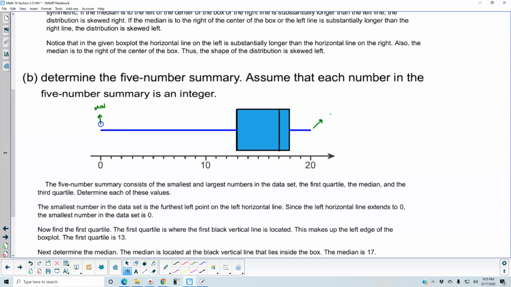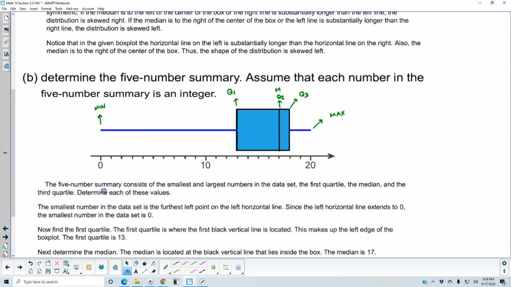This point here is going to represent your maximum. This point here is going to represent quartile 1, and this point here is going to represent quartile 3, and this line here is the median, or we can also call it quartile 2.